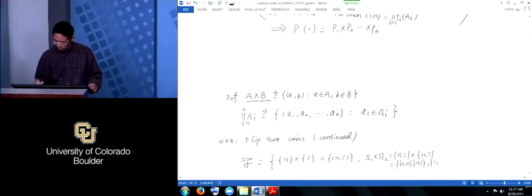Tail, head. So I take one element from each set and make them into a vector. Oh, I should write vector here. Head, tail, vector. And tail, head, vector. Okay, so this is another set that should be included in F.